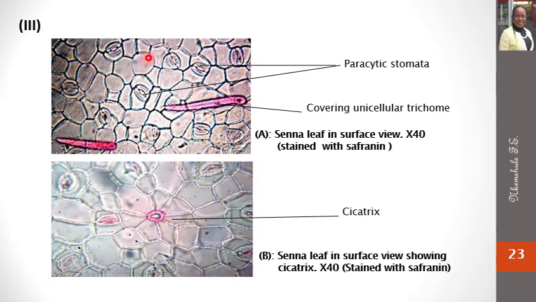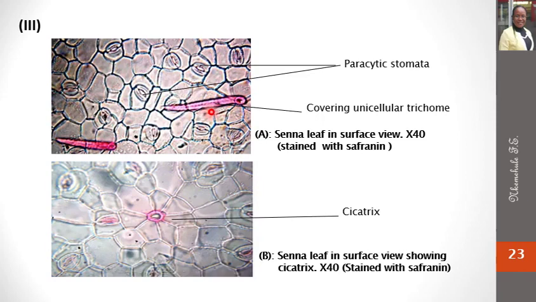We can also see that the epidermal cells have straight anticlinal walls. The type of trichome is clearly seen here to be a covering unicellular warty type of trichome. It will be important to mention here that safranin dye stains both lignified and unlignified elements red.